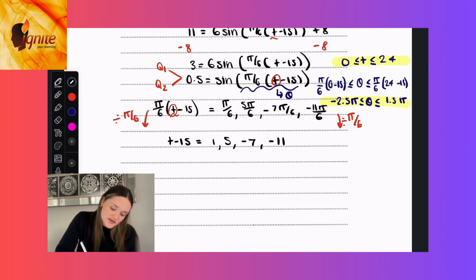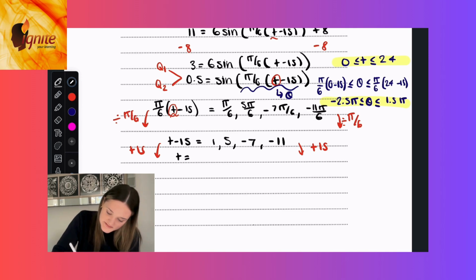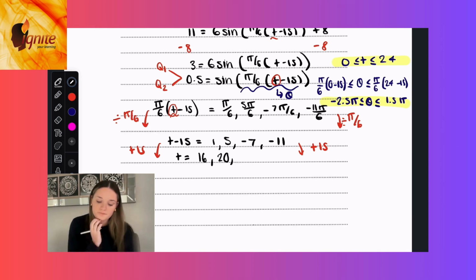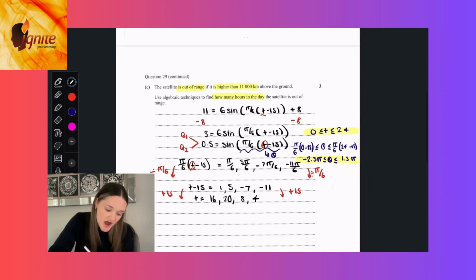Then all I need to do to get t by itself is add that 15 back on. And I got t equal to 16, 20, 8, and 4.